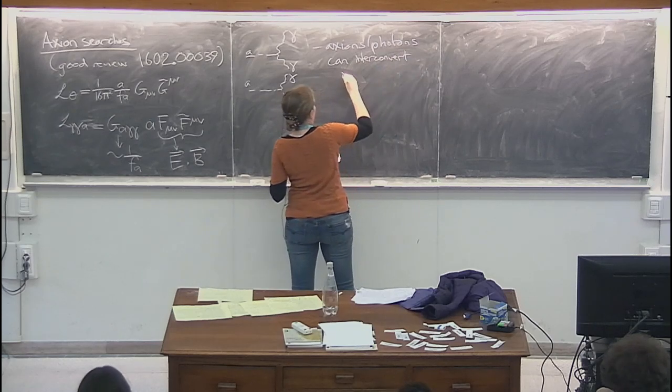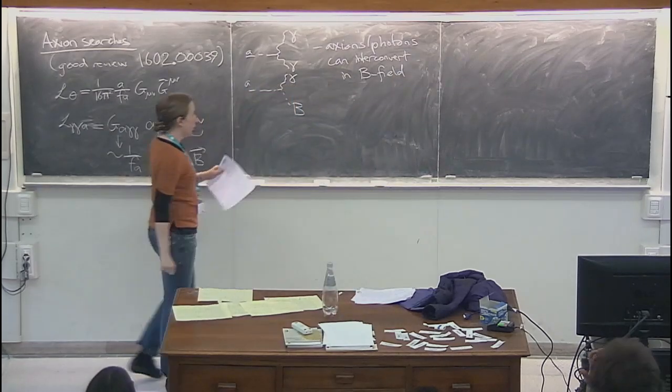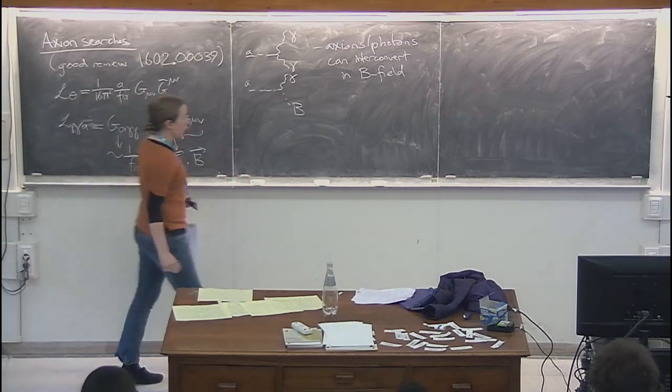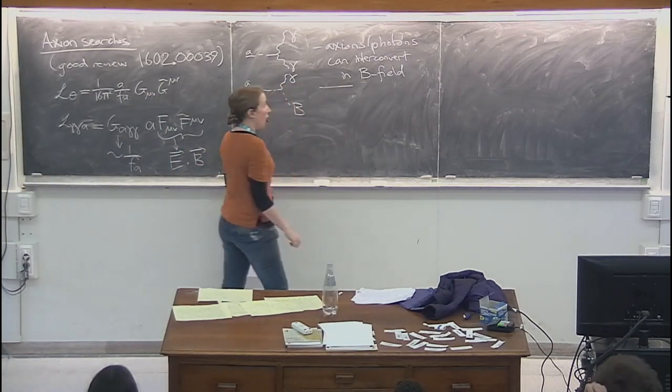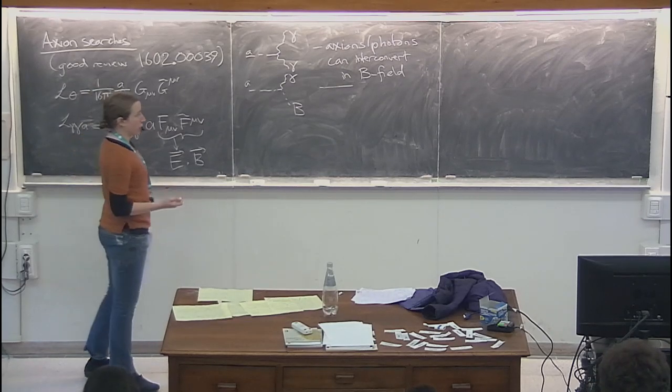Well, there's a whole host of possibilities. One is that if you have a region that is opaque to photons, some photons might be able to get through anyway because they can turn into axions and then turn back into photons. So you can have photon, axion, photon conversion.